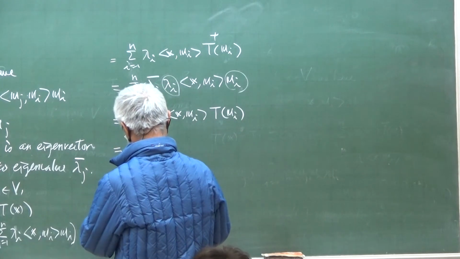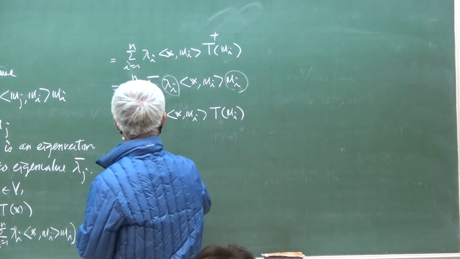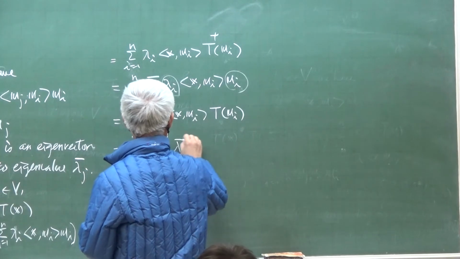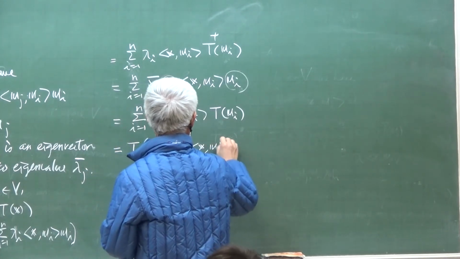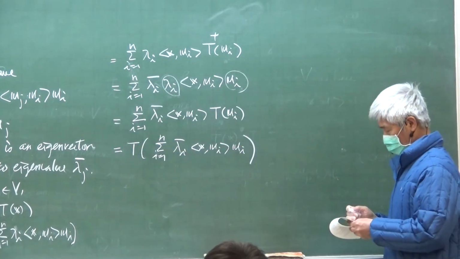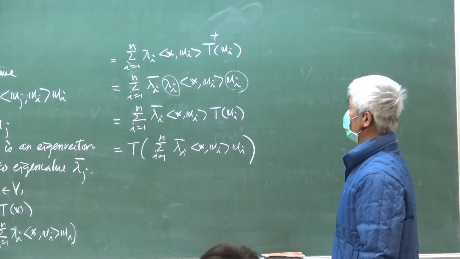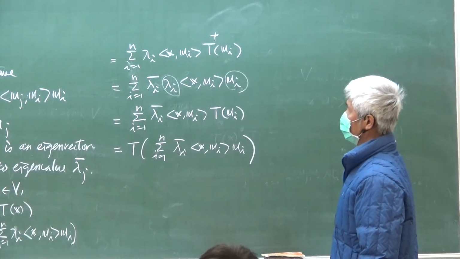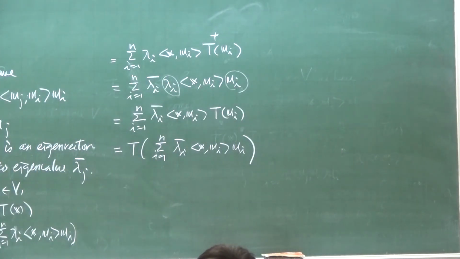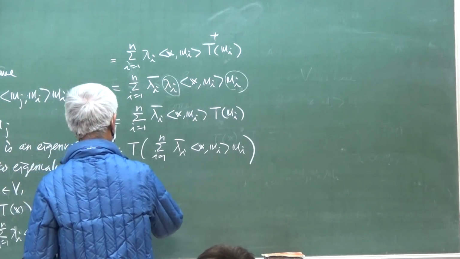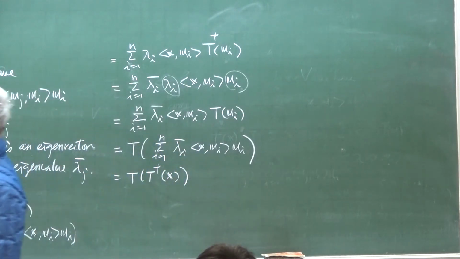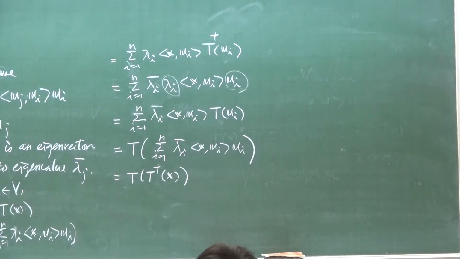Okay, and by linearity of the inner product, by analogy, here, and this is T dagger of x. Remember the definition here, T dagger is this one.